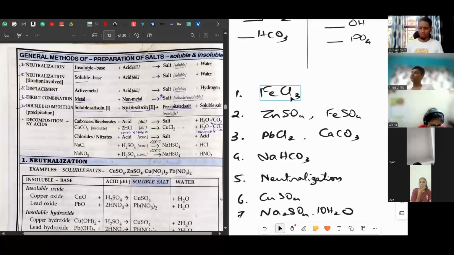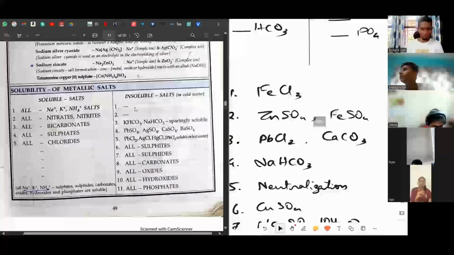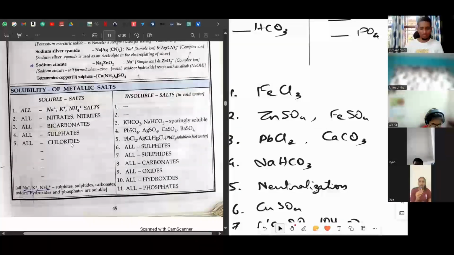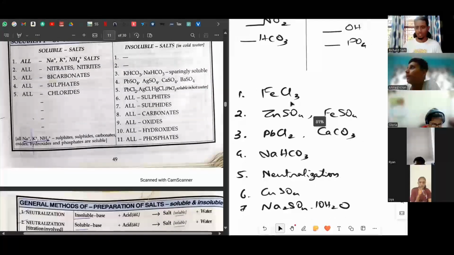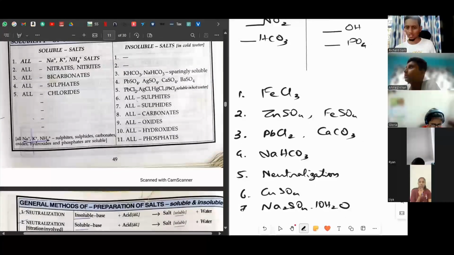Chloride. All chlorides are soluble? No, there are some exceptions, right? But Fe is not an exception in that, right? So here, all chlorides are soluble except these 3. So Fe is not in that. Okay. So FeCl3 is soluble.